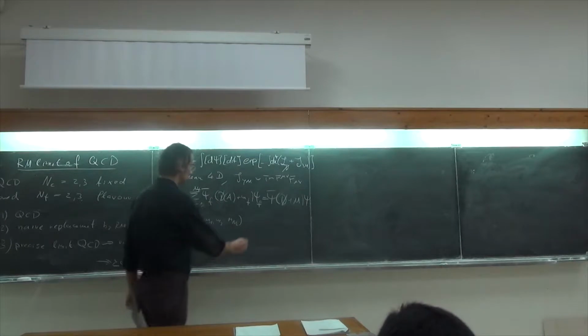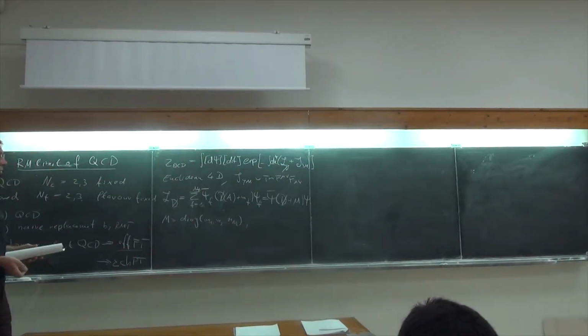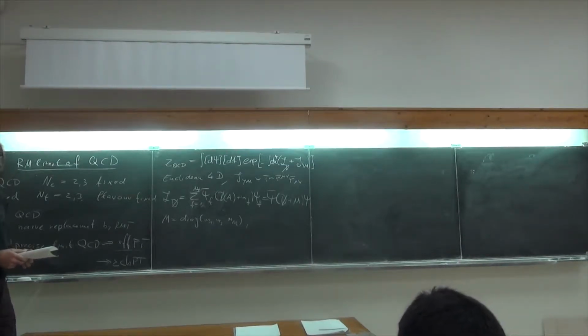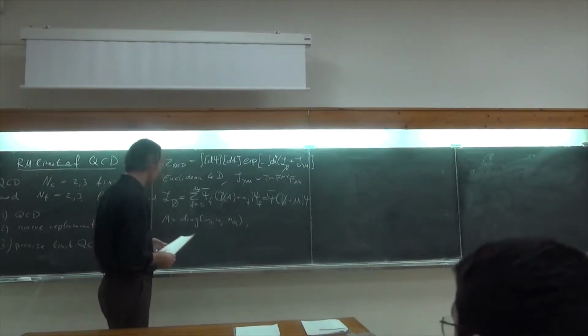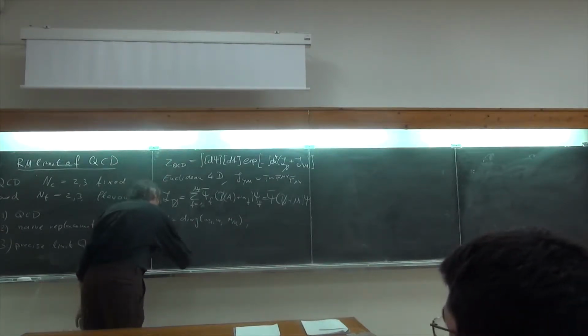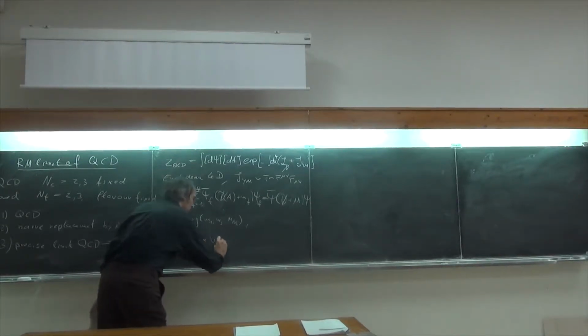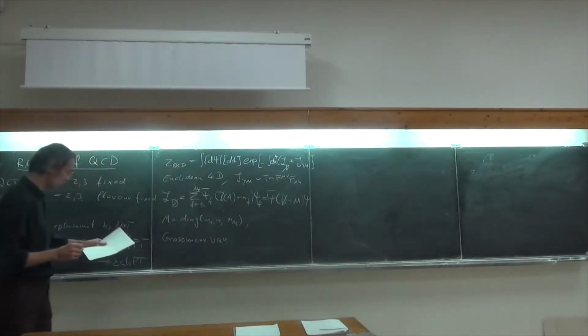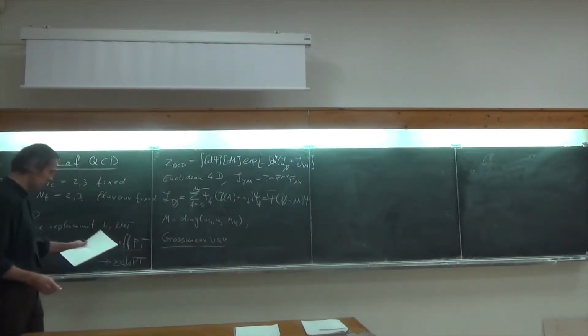Now, as you know from your quantum field theory course, if you want to consistently quantize fermions, you have to use anti-commutation relations for the creation and annihilation operators. So we need Grassmann variables. You probably know all this, but because it's early in the morning, let me just recall.